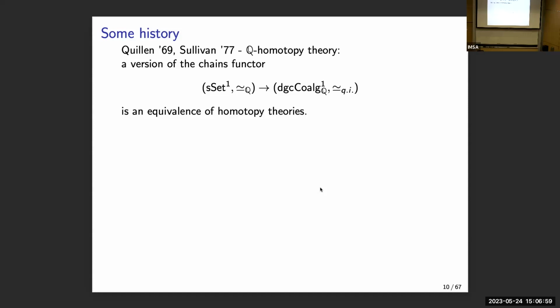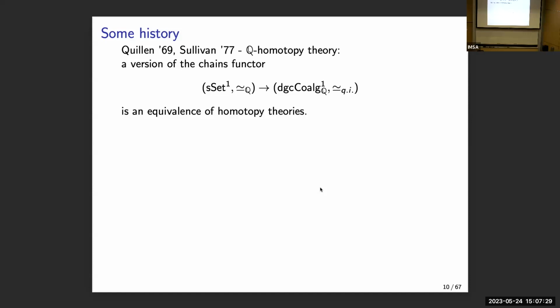Consider these under quasi-isomorphism. A map of differential graded coalgebras is a quasi-isomorphism if it induces an isomorphism on homology. And Quillen proved that this version of the chains functor is an equivalence of homotopy theories in an appropriate sense. He used the framework of model category theory to make this statement precise.